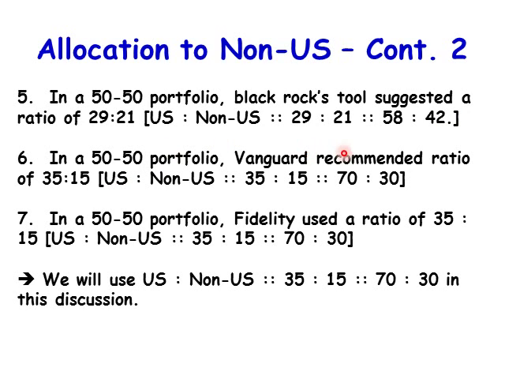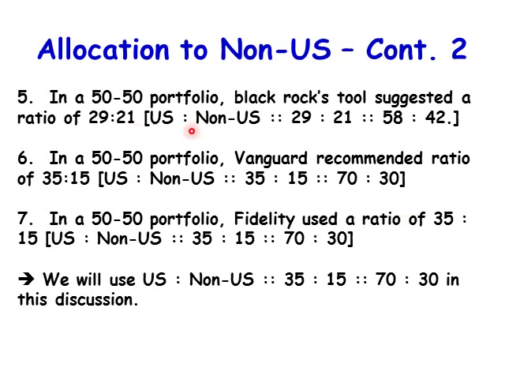In a 50-50 portfolio, Vanguard recommended a US to non-US ratio of 35 to 15, which is the same thing as 70 to 30, okay, 70% to US and 30% to non-US. In a 50-50 portfolio, Fidelity used the ratio of 35 to 15, which is the same thing as 70 to 30.